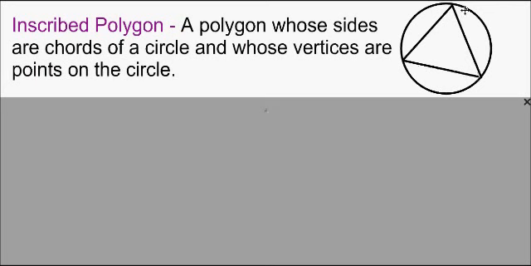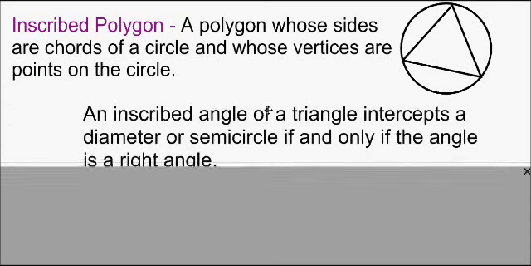So you see that the vertices of the triangle are all on the circle. So here, here, and here. And then the sides are chords because both endpoints are on the circle. That's an inscribed triangle. But you could inscribe any polygon into a circle.